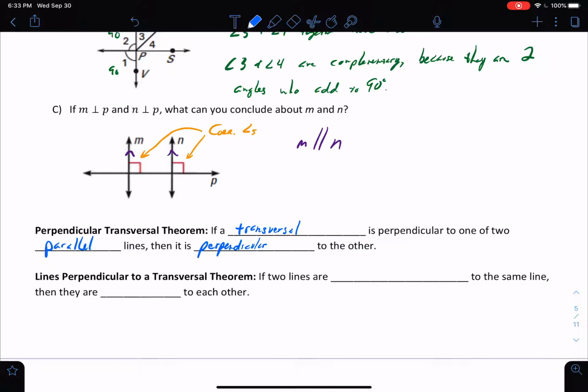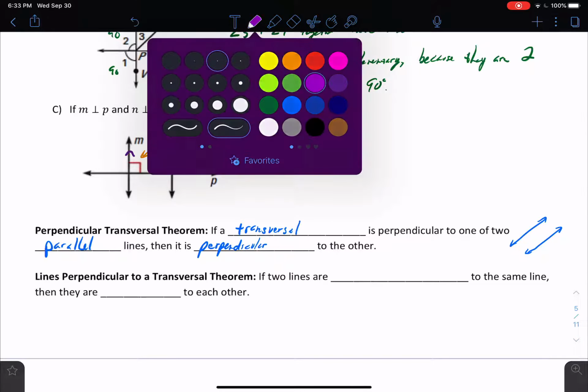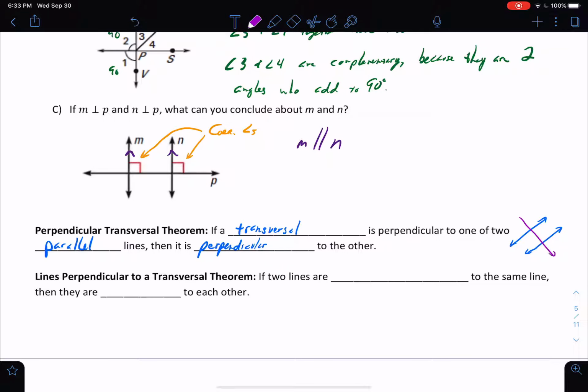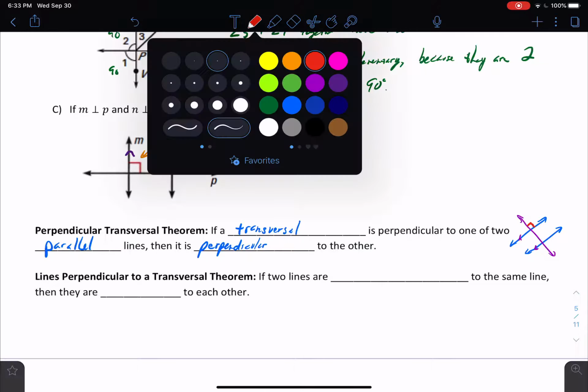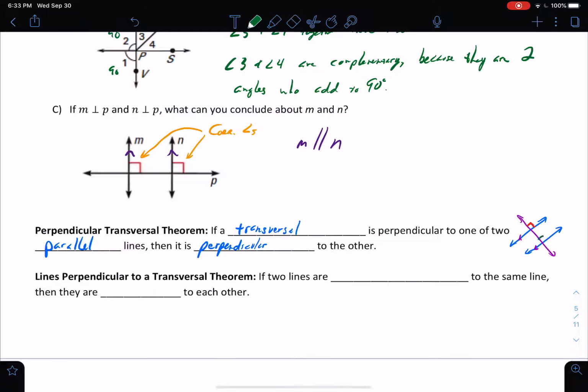So what that means is if I have two parallel lines here, oh, that's a bad diagram. I have two parallel lines cut by a transversal. I'm telling you that these lines are parallel. And we know this transversal is perpendicular to one of the two parallel lines. It needs to be perpendicular to the other.